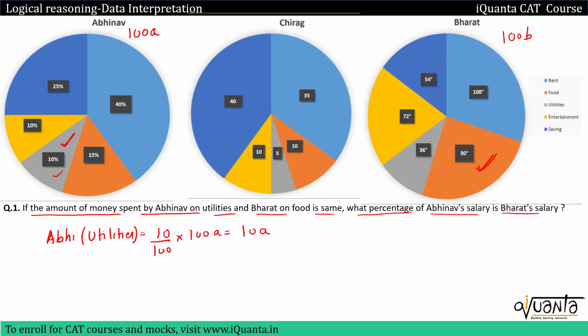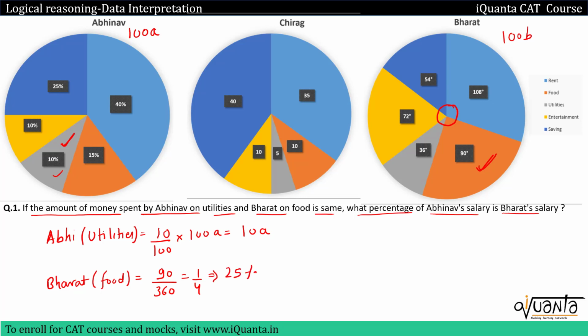And then Bharat on food. In case of Bharat, in the pie chart we have the distribution in degrees. So 90 degrees is what percent of 360 degrees, because this total angle is 360. It will be 90 by 360, which gives us 1/4, which can be written as 25%.